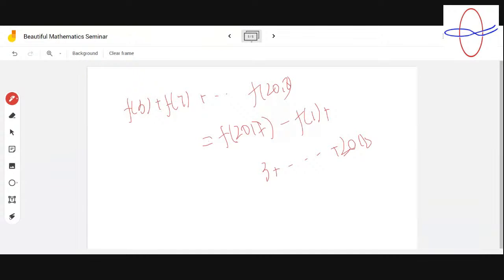Is this correct? Have I done it correctly? Equation is misplaced.